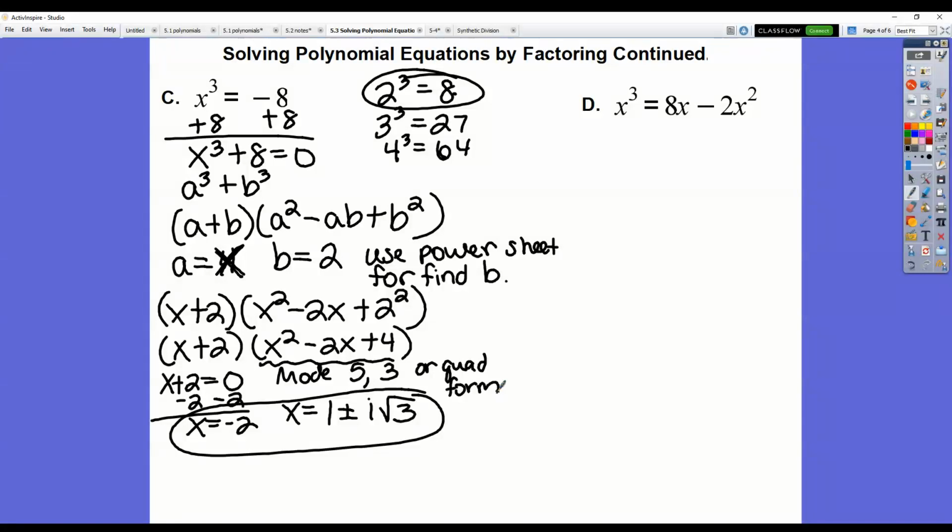Okay, so that was a sum of cubes because it was an addition. Again, use your power sheets to find b. I'm going to make it where a equals x almost every single time.